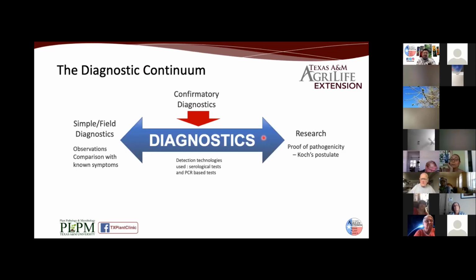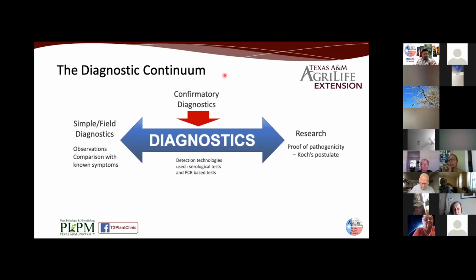So when a sample comes into a diagnostic clinic, the ER for that matter, a diagnostician will look at it, see those visible symptoms, and say, wow, that could be caused by X, Y, or Z. And if there are tests for X, Y, or Z, she or he might write an order to say, take the sample and do a test to see if X is present or Y is present.